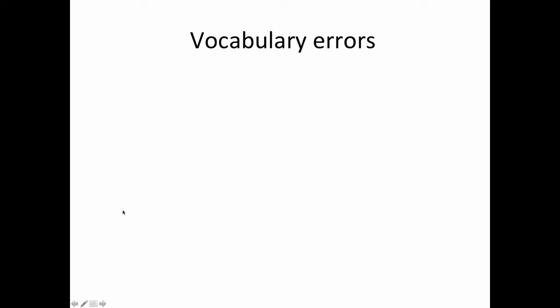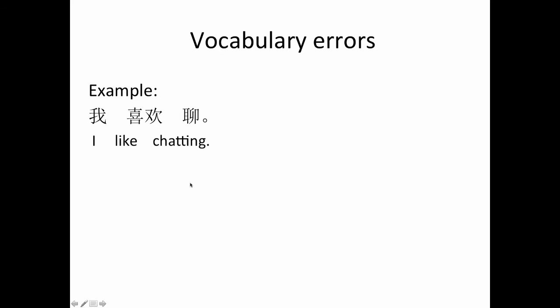The second one is about the errors of the words or vocabulary in your writing. For example, look at the sentence, 我喜欢聊. In this sentence, 聊 means to chat.